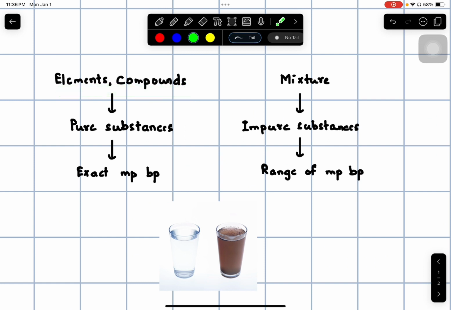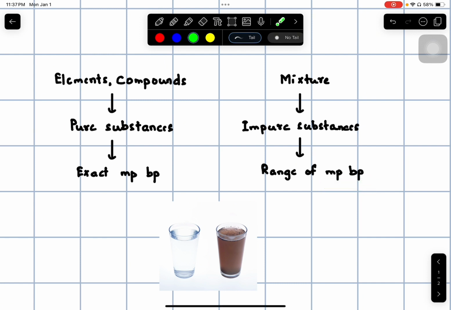Elements and compounds are considered to be pure substances, and therefore, if it was an element or a compound, it will display exact and sharp melting points and boiling points. If it was a mixture, because of the presence of impurities, it's considered as impure substances, and just like in previous video, mixtures will always have a range of melting points and boiling points.